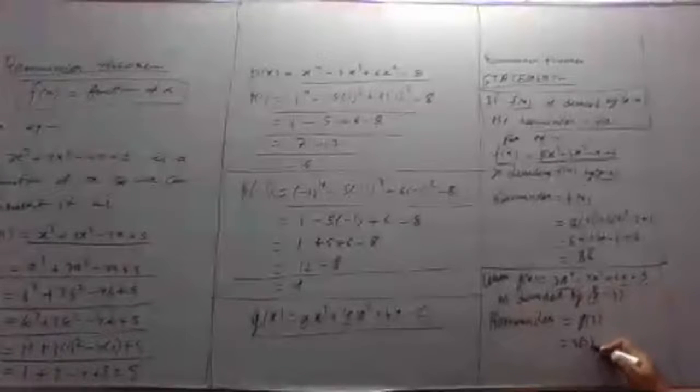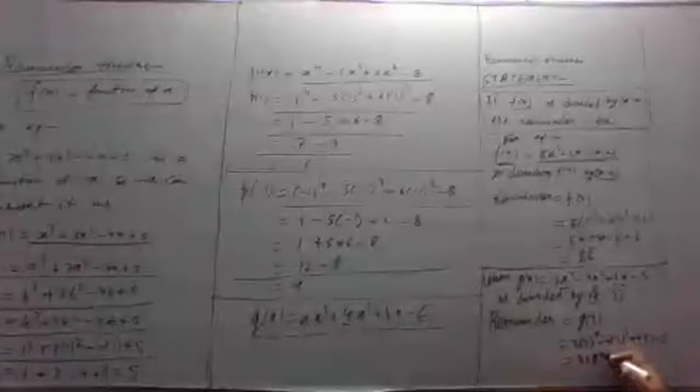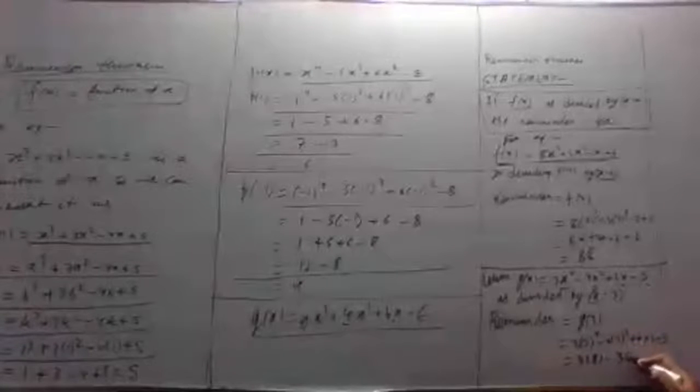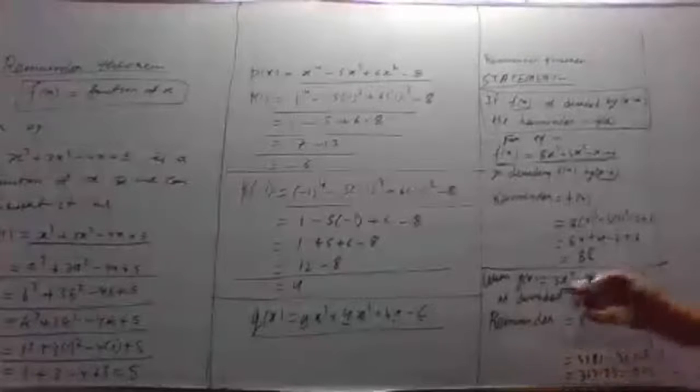So 3 into 3 to the power 4 minus 4 into 3 square plus 6 into 3 minus 5. So 3 into 3 to the power 4 is 81 times 3, 243, minus 4 nines are 36 plus 18 minus 5, equals 301 is the remainder, which we can find without dividing.